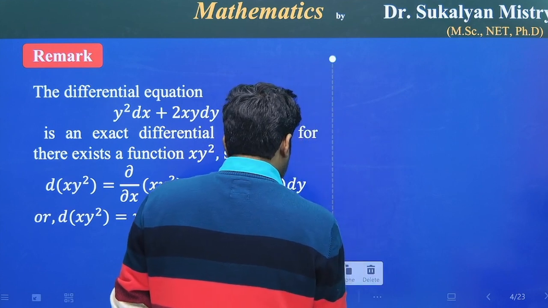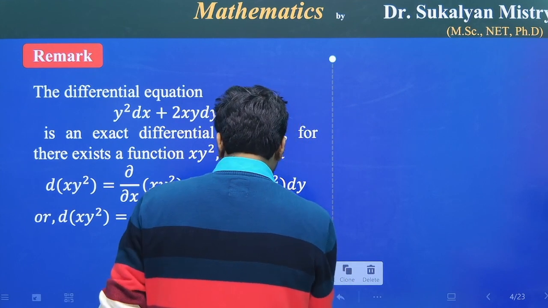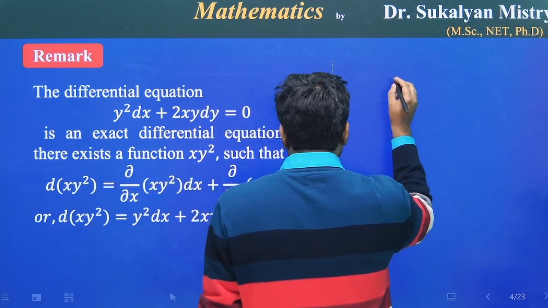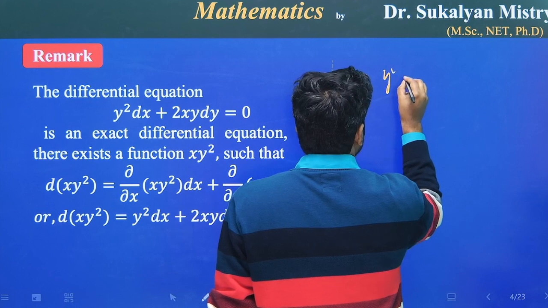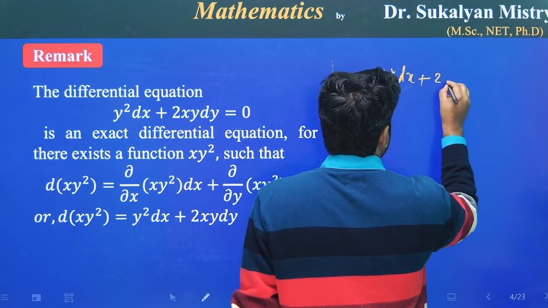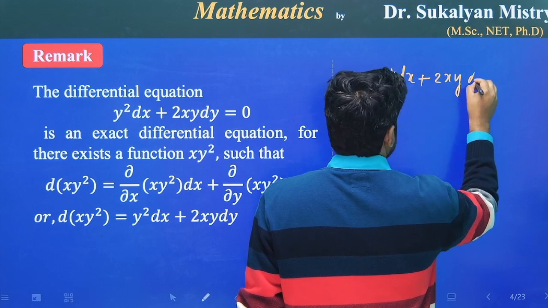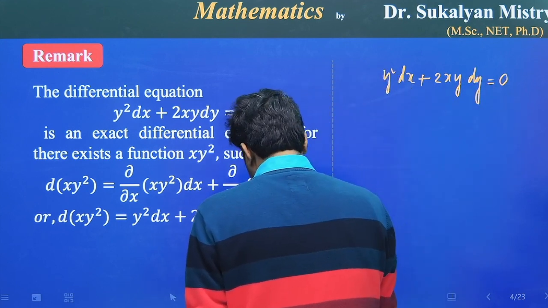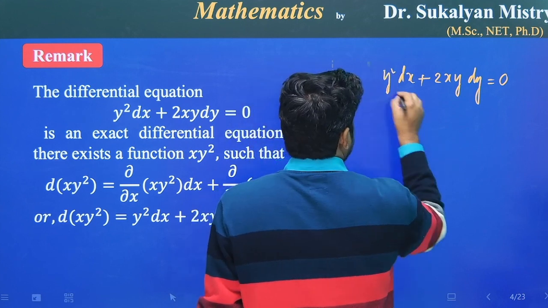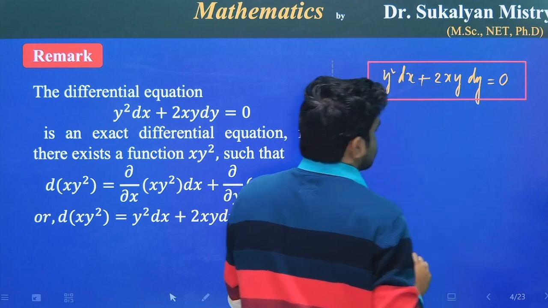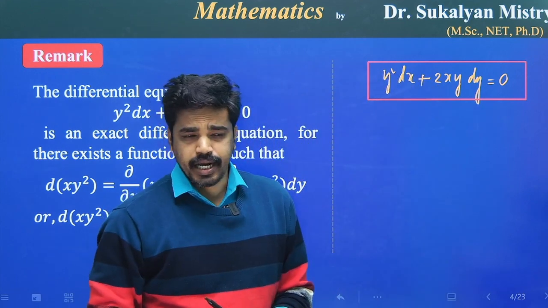See, if I consider this equation, suppose let us consider this equation, that is y square dx plus 2xy dy is equal to 0. We consider this equation y square dx plus 2xy dy is equal to 0, right?